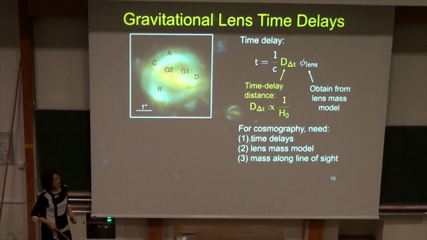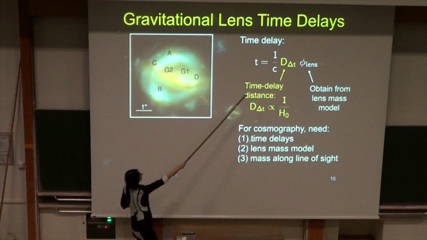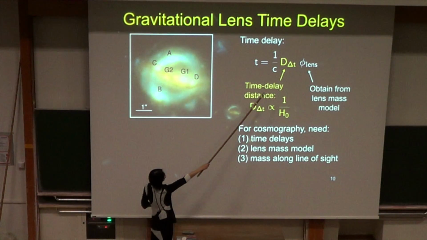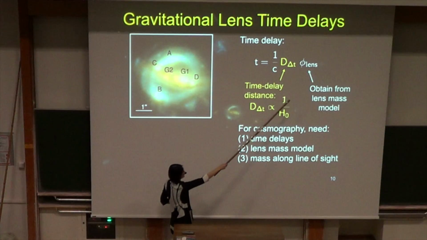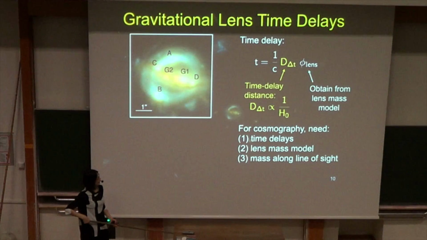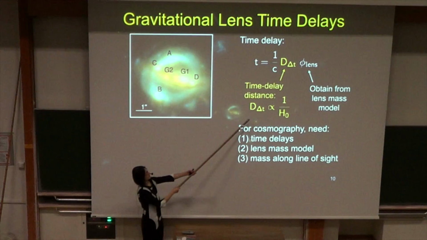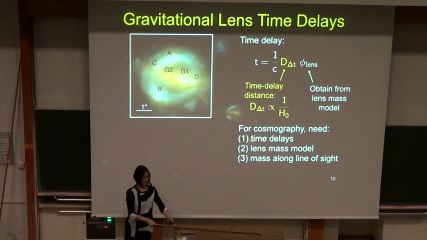So the expression for this time delay is actually quite simple, as shown there. So Δt is 1 over c times D Δt, this is the so-called time delay distance, times Δφ, which is a Fermat potential related to the mass distribution of the lens. So this time delay distance is actually a combination of the three distances that we have in lensing.